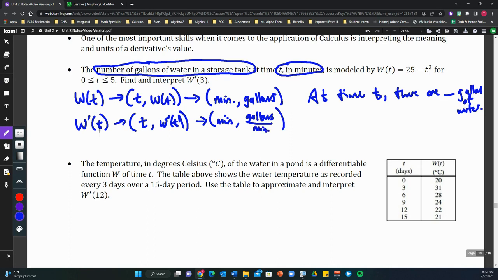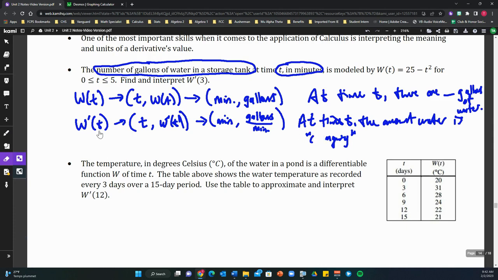And again, if you just think about what the derivative is telling us, it's that at time t, the amount of water is "changing." I'm going to put this in quotes because changing is not really going to be the best word once we actually have a number, because change is kind of ambiguous.